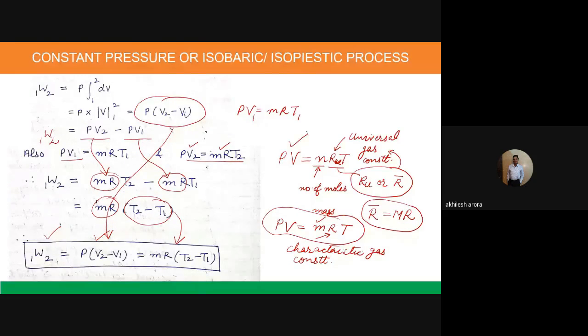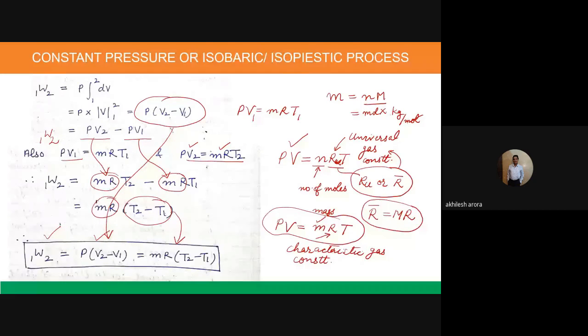Both are one and the same actually. There is no difference actually. Because you can also say that if you have to write m, m is equal to n into M. Because unit for n is number of moles, so I can say mole, and this is molecular mass, so it is kg per mole.